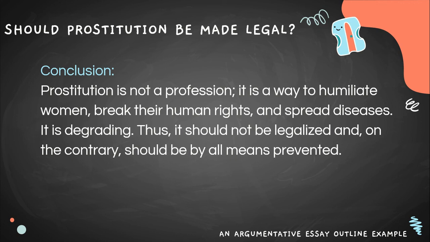And spread diseases, which is in argument number 1. And therefore, he made his own opinion. He has said that it is degrading. Lastly, he restates the thesis that he created. So his thesis statement is prostitution should not be legalized, and it is mentioned again here.